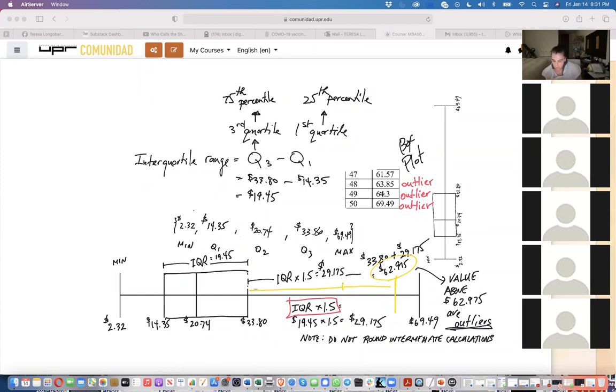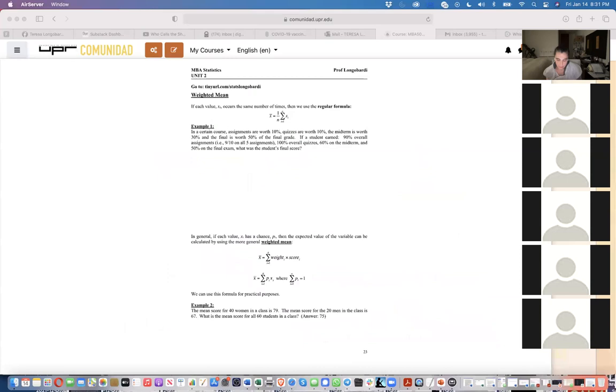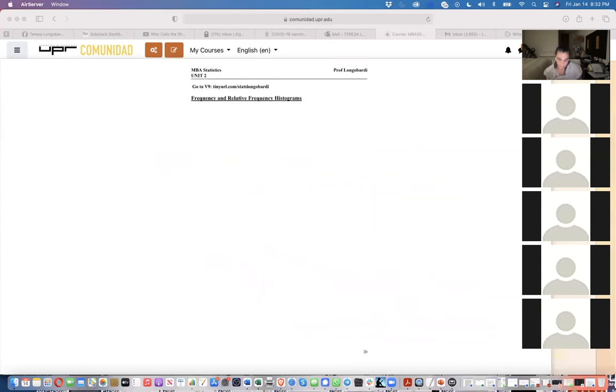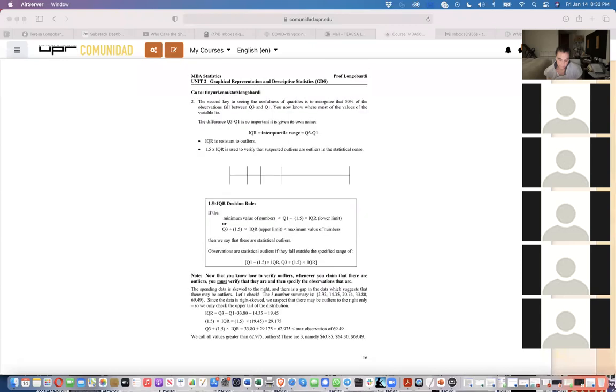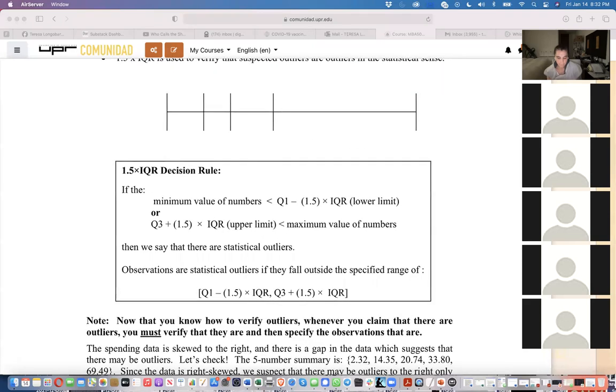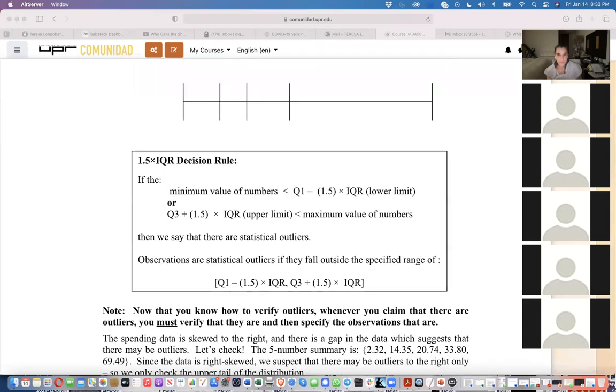Let me show you in the notes so you feel better. So I'm going to go back to where I was to find this. Here's the rule. I don't know if that helps, but that's the rule. It's the 1.5 times IQR decision rule. And this is the best way to see it.